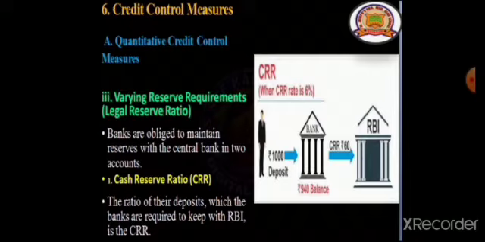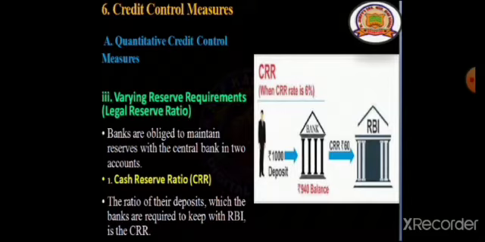A question comes. Remember, the word varying is nothing but changing. The word given in the heading, varying, is nothing but changing. Changing a reserve requirement here means changing either CRR or SLR. An example has been given in the image I mentioned just now.